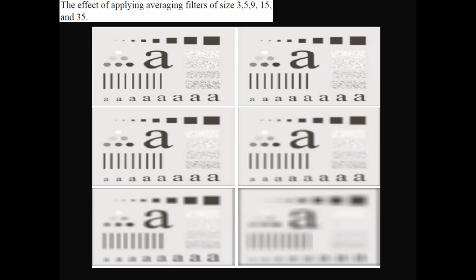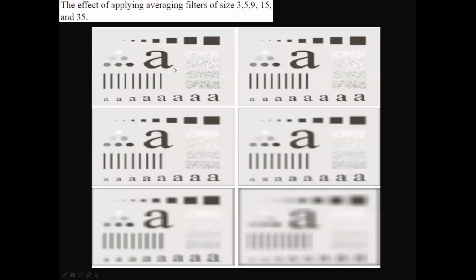So these are the images. When we pass the first image through the average filter, you can see the original image.